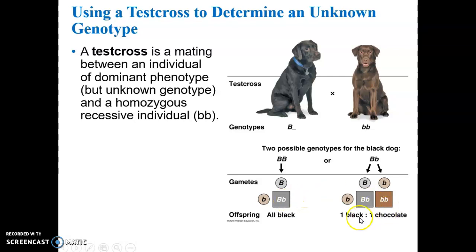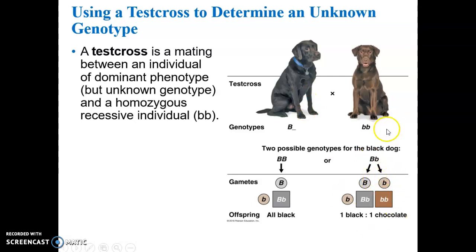However, if the black lab mates with the chocolate lab, again, the chocolate lab can only produce gametes with the recessive allele, but the black lab, if it is heterozygote, it can produce both. It can produce gametes with one dominant allele or one recessive allele. There's a 50-50 chance of this happening with the gametes it produces.